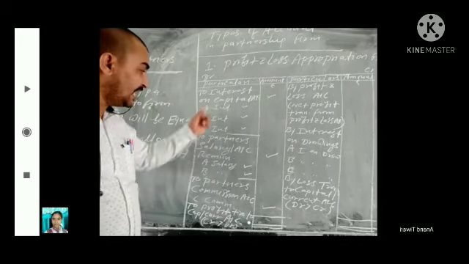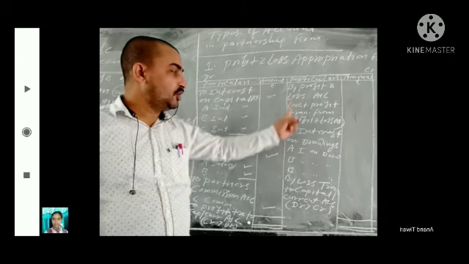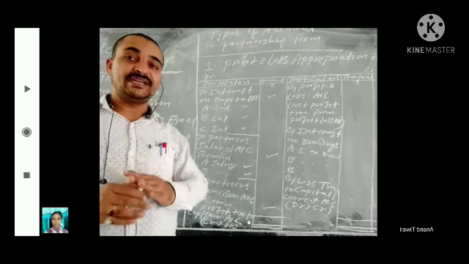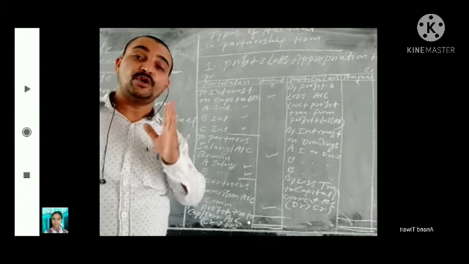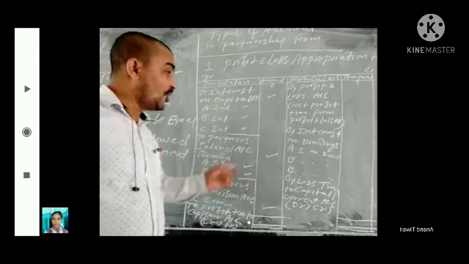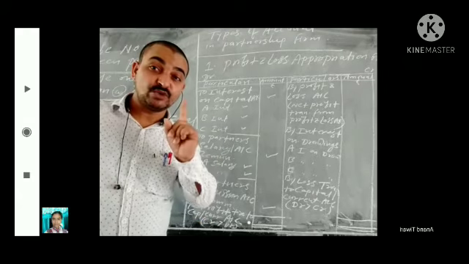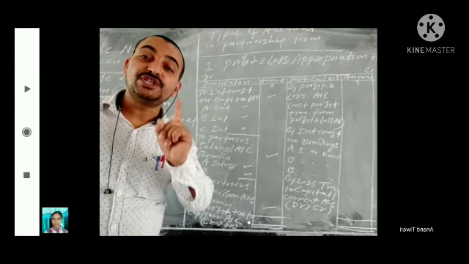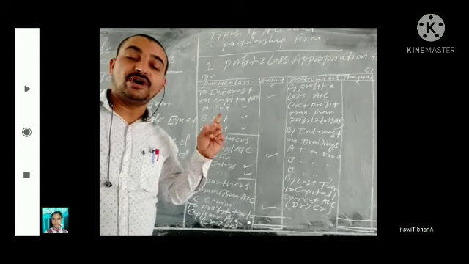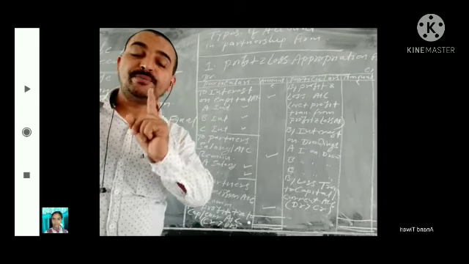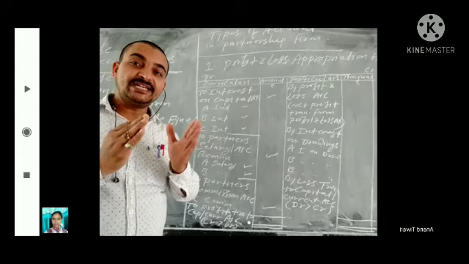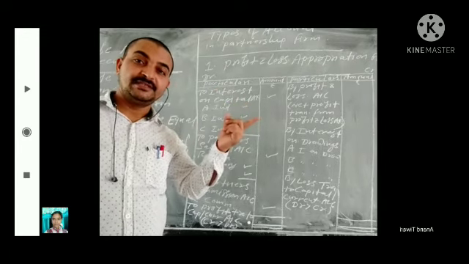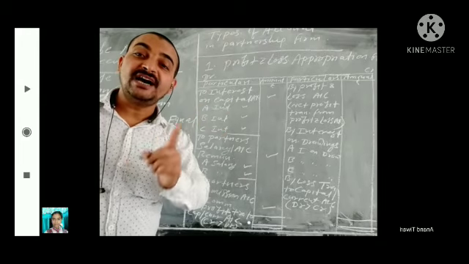So whatever items you have transferred in profit and loss appropriation account, all these items are called appropriation of profit. And the items which you showed in profit and loss account in class 11, those items are called charge against profit.